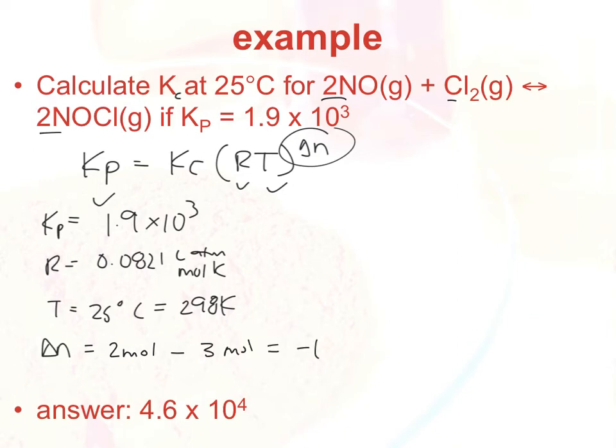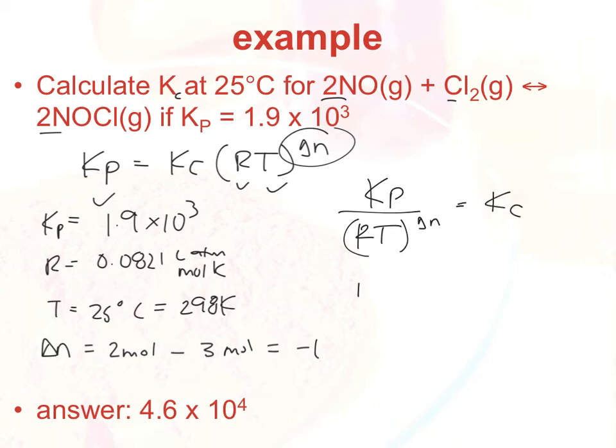We're going to subsequently plug this into our equation that we have here. If we want to isolate Kc, we're going to go ahead and do that first before we plug anything in. So Kp is going to be divided by RT to the delta N, and that's going to give us our Kc.